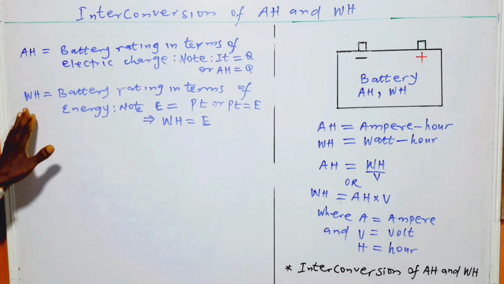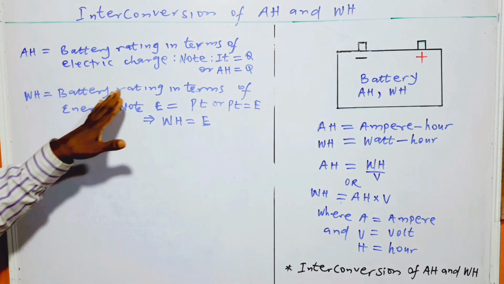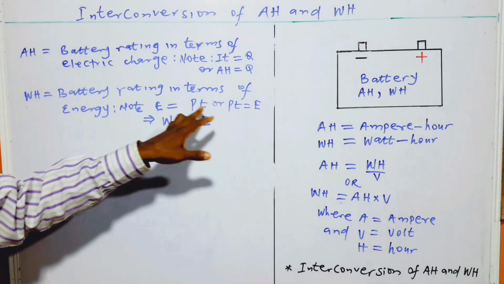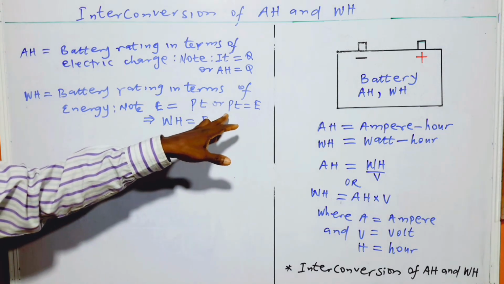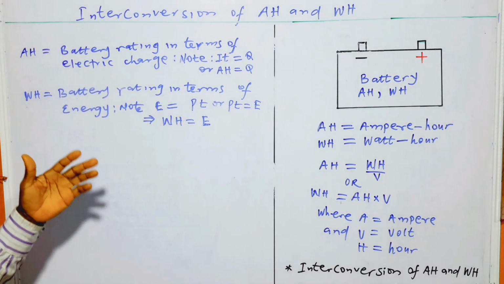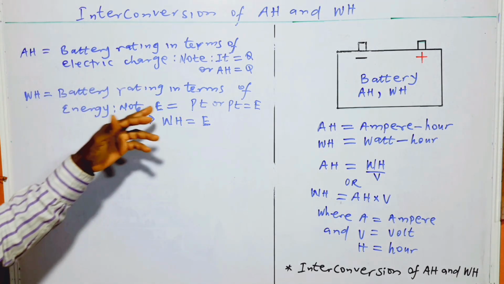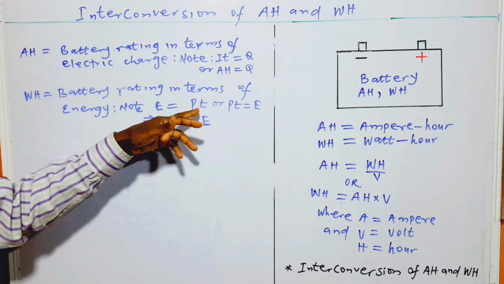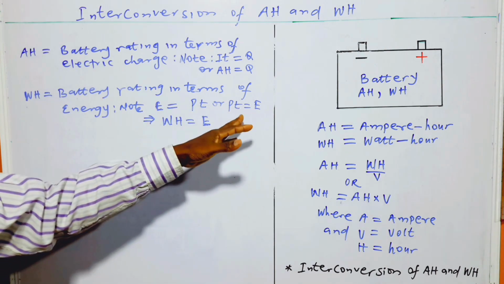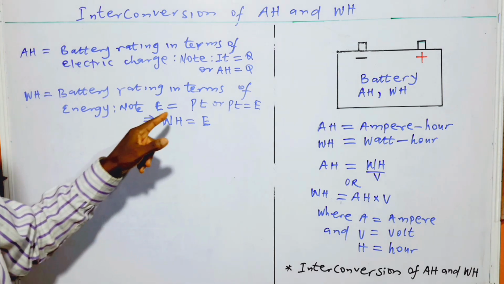The other one, Watt-hour, is the battery rating in terms of energy. So when you look at that, energy E is PT, because energy is power multiplied by time.